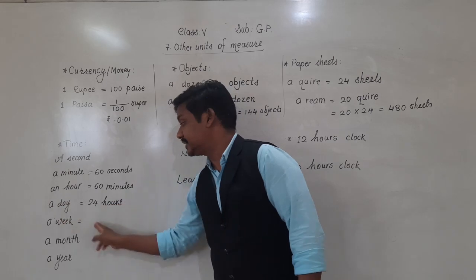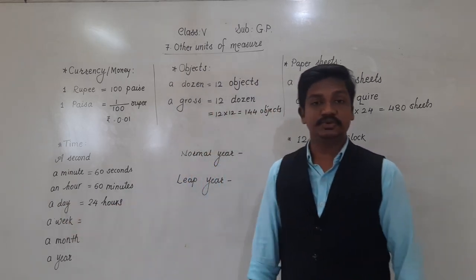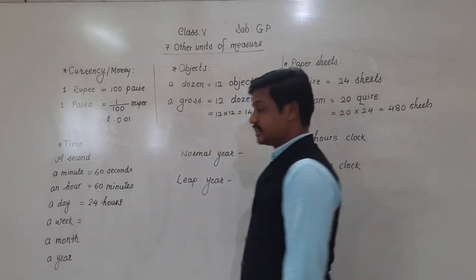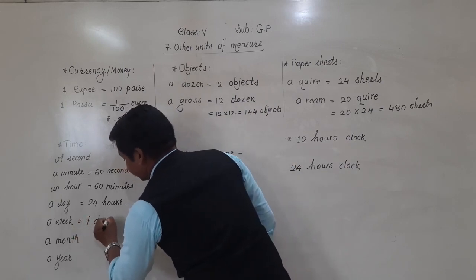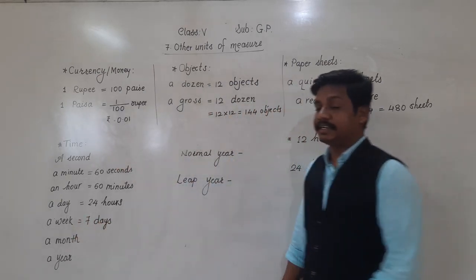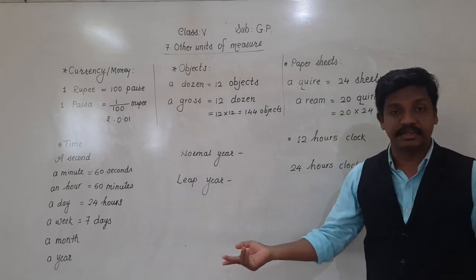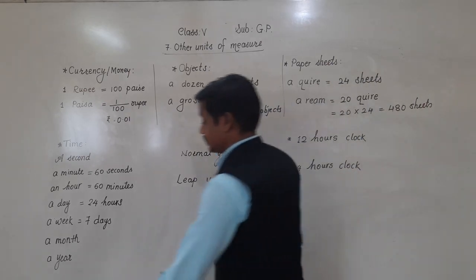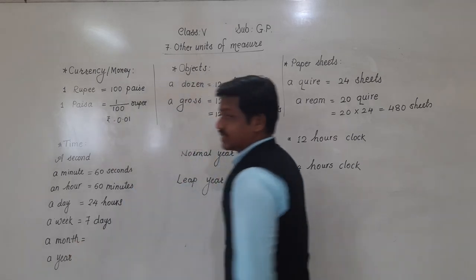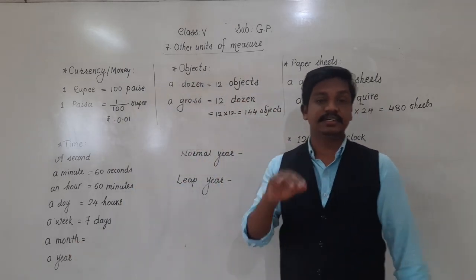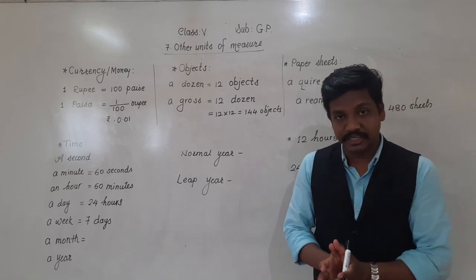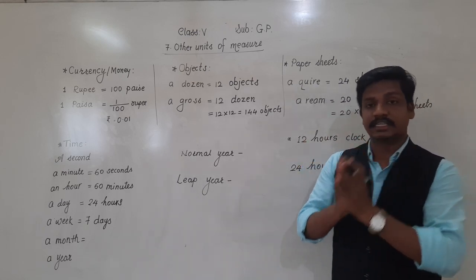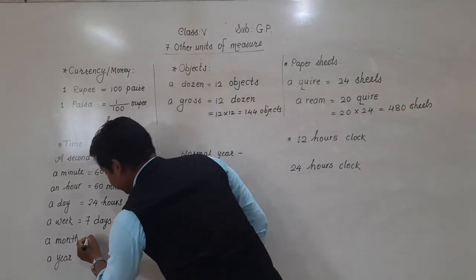And how many days make 1 week? 1 week has 7 days: Sunday, Monday, and so on. Also 1 month. How many days does 1 month have? Some months have 30, some months have 31, and February has 28 or 29 days. But generally for counting, we take 1 month as equal to 30 days.